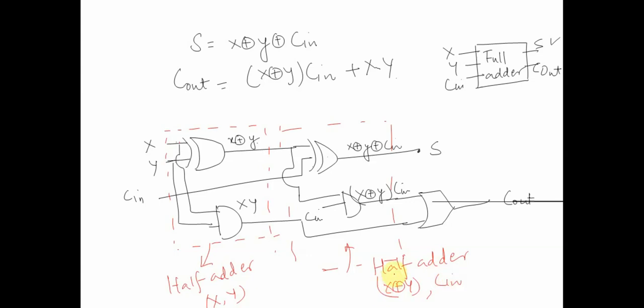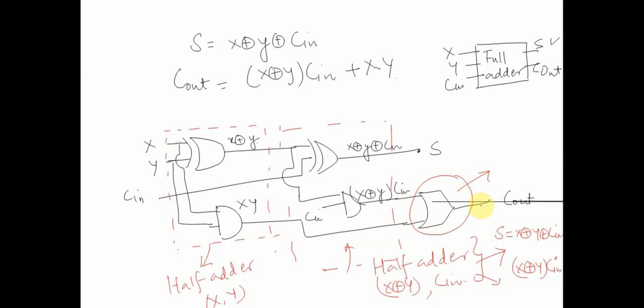Correct? So since these are two half adders in a serial fashion back to back, the output of this half adder which is taking these inputs would be sum equal to x XOR y XOR c in, and the carry out of this half adder would be x XOR y into c in, and it eventually gets ORed with xy at the end with an extra logic.